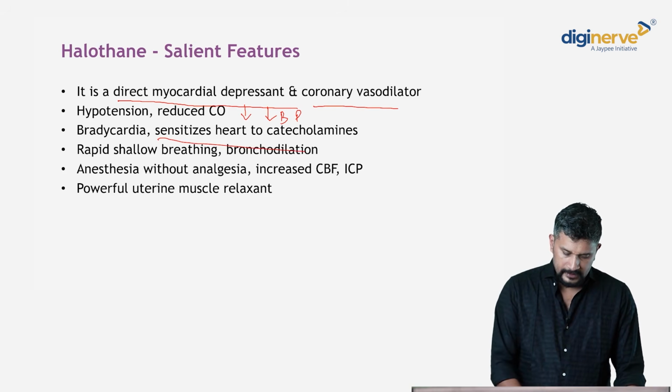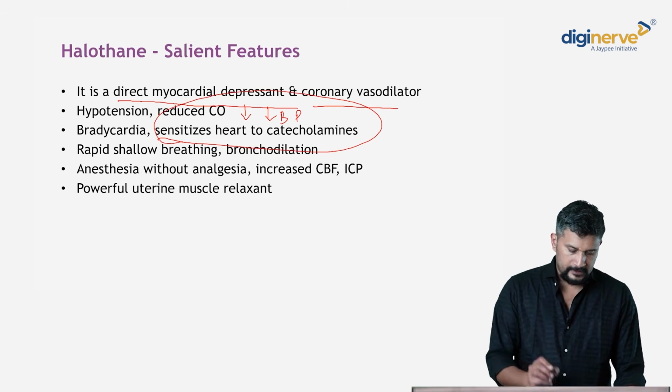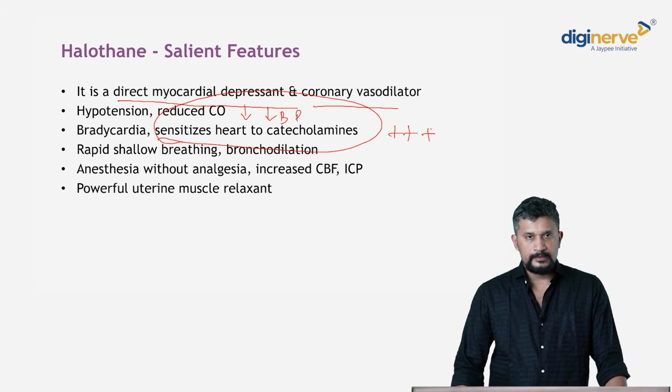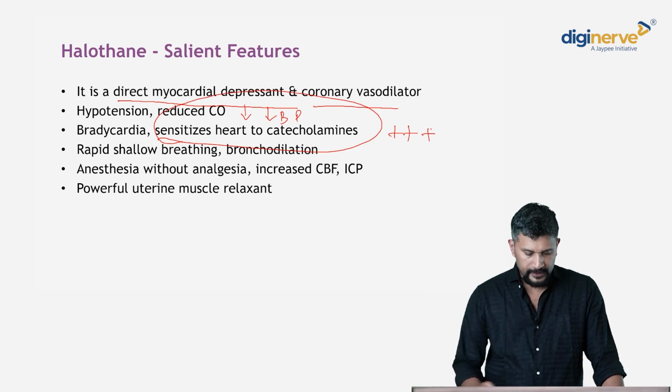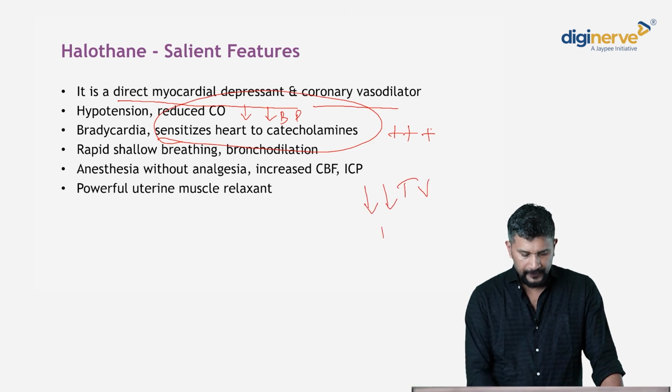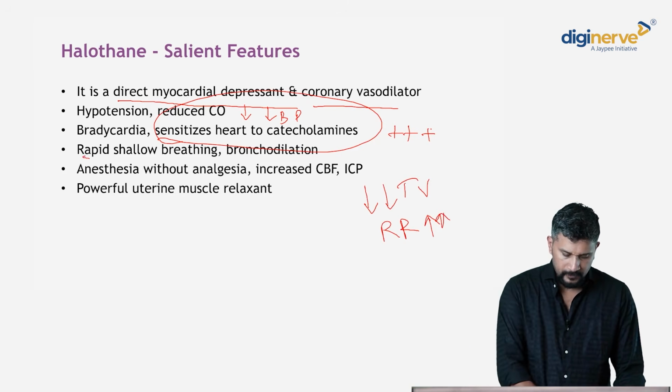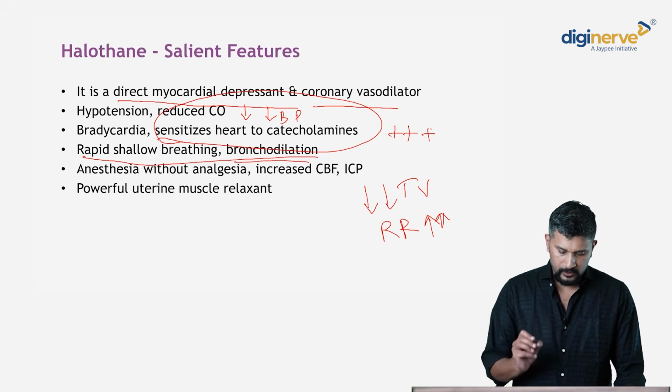It does sensitize the heart to catecholamines. That is something you need to remember. It results in rapid shallow breathing because your tidal volume tends to reduce, whereas your respiratory rate tends to go up. And on the respiratory tract, it causes a bronchodilation, not a bronchoconstriction.